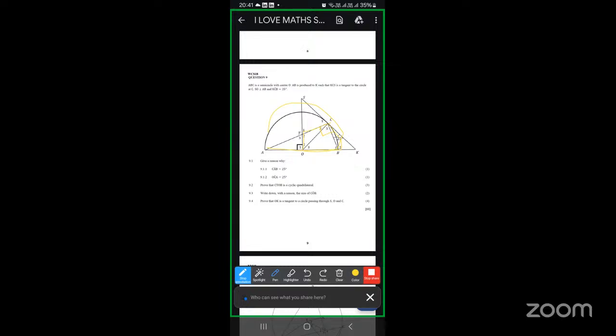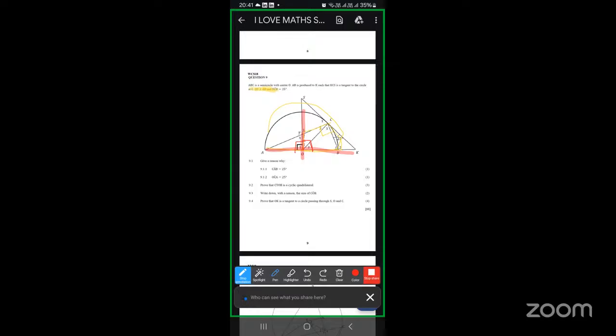Then you go to the angle that is opposite the angle that you already found, which is this angle right here. The statement already told us that this line is perpendicular to this one. That implies that this angle is 90 degrees. Therefore, it is given that this is 90.